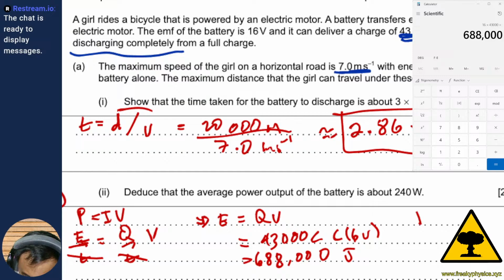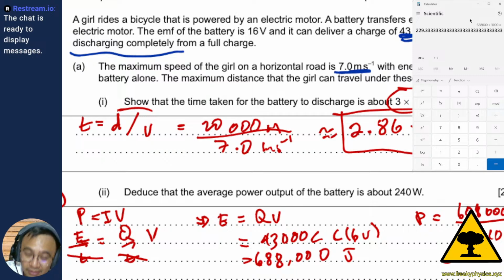Now, all you have to do to get power is divide this by, we'll use 3 times 10 to the 3 seconds because it's the one given. So power will be 688,000 joules divided by 3 times 10 to the 3 seconds. This is going to give us the final answer. Divided by 3,000, that's going to be, and I think I missed something.